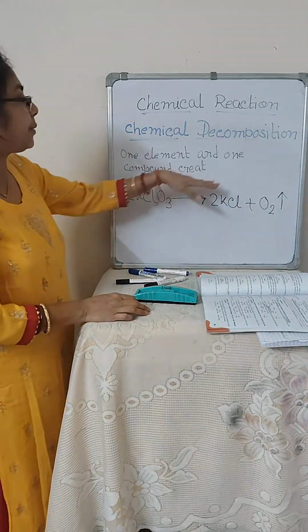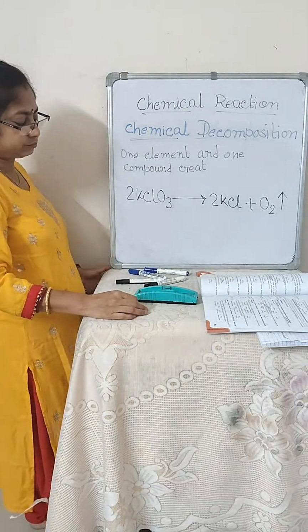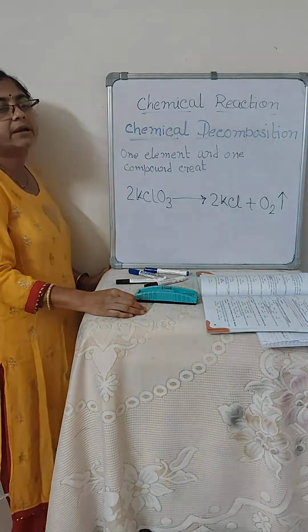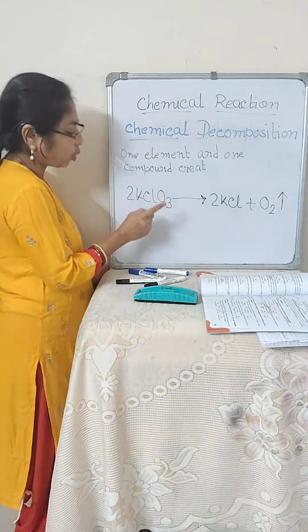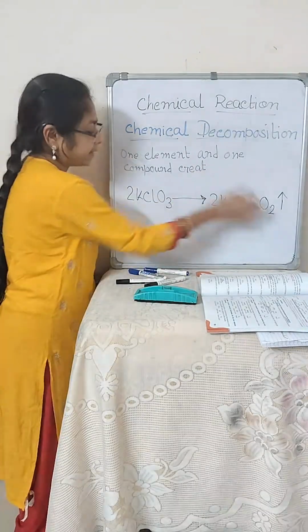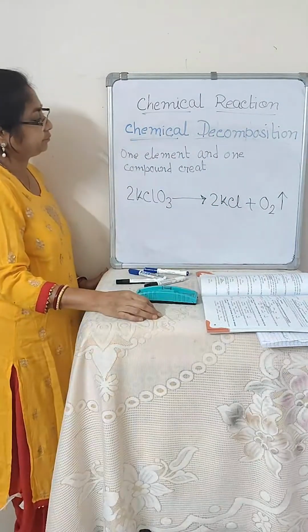It is an example of that one. Okay, complete it fast. It is potassium chlorate and potassium chloride, and this is oxygen. This is a compound, this is a compound, this is an element.